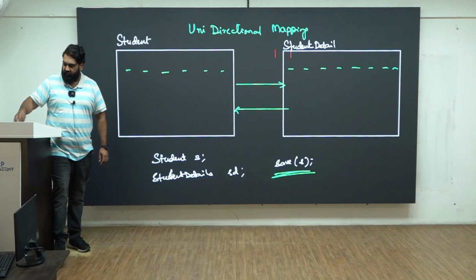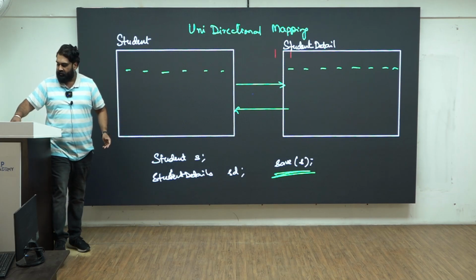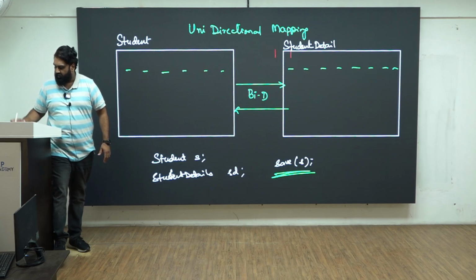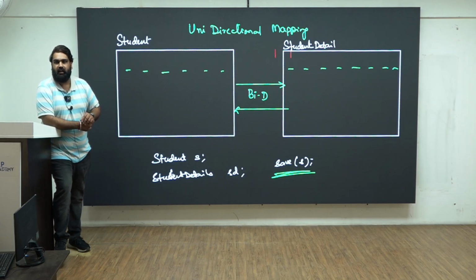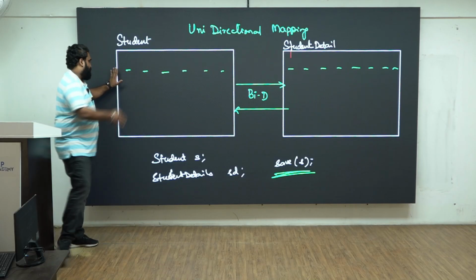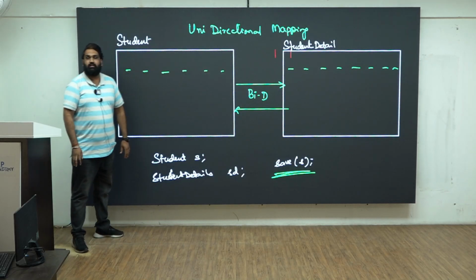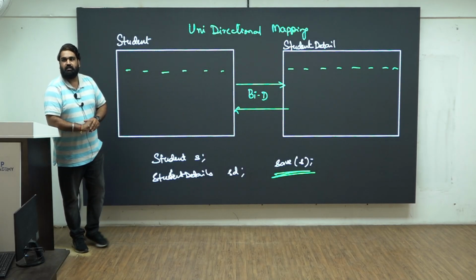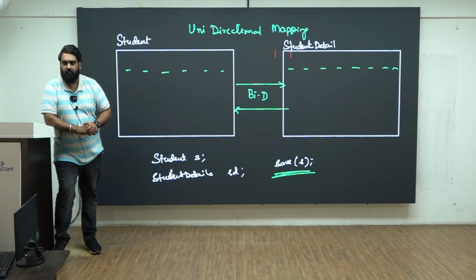If student detail is also mapped to the student table, then such a mapping is called bidirectional mapping. If it is only mapped from one table to another, it is called unidirectional mapping. If both the tables are mapped, it is called bidirectional mapping.